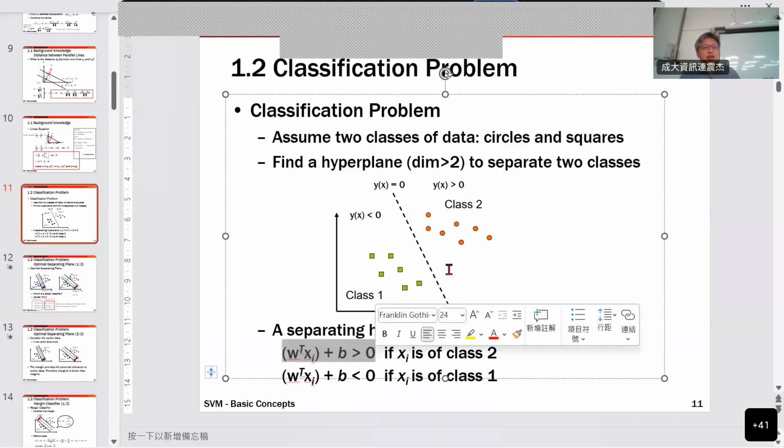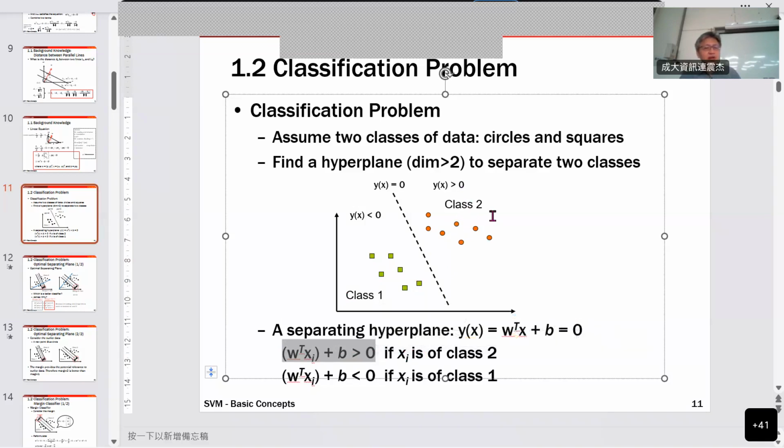So when like this equation, if any sample belongs to class 2 it means the label 1 times this equation and this side becomes bigger than 0. If the class is class 1, it means the label is -1 times this one. So the same, minus equal to positive, so it becomes bigger than 0.